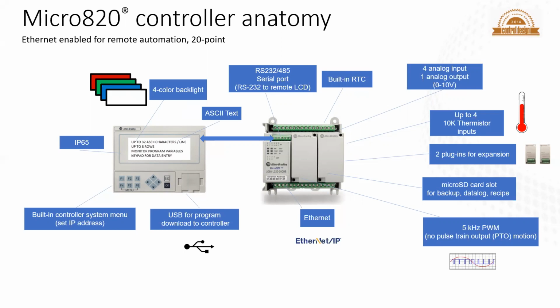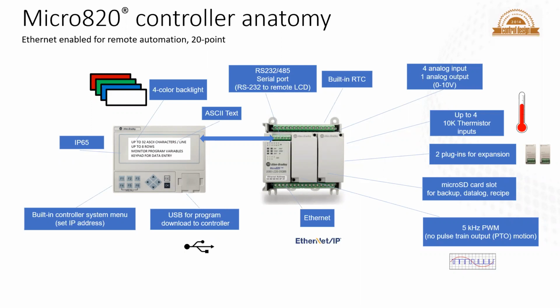That LCD display has a keypad. You can put up to 4 rows of data on it. It's IP65 rated. So for a really small micro type application with a very small data view, this would be a good option.